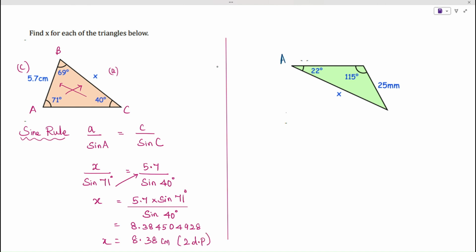Now, as we look at this next question, we can start by labeling our angles A, B, and C and labeling the opposite sides. So angle A has an opposite side and angle B has an opposite side.